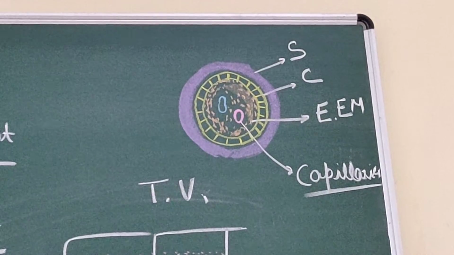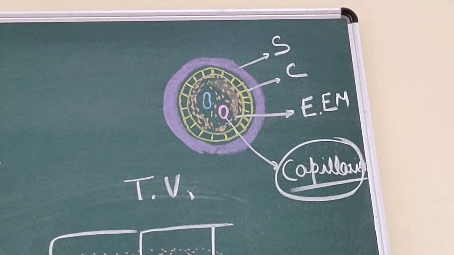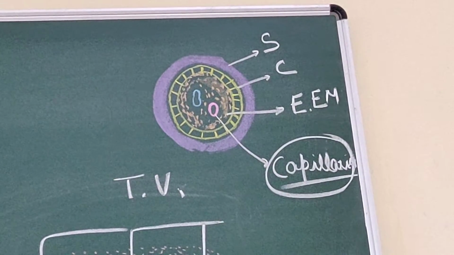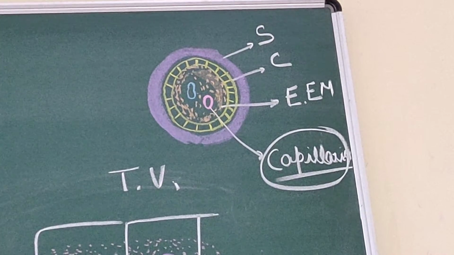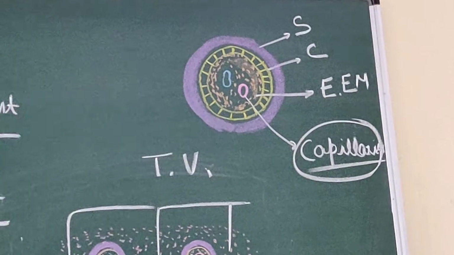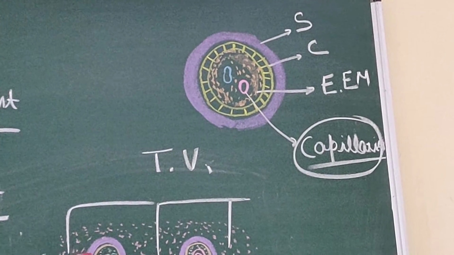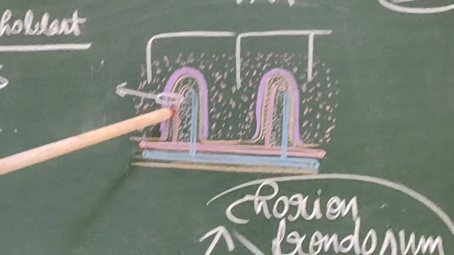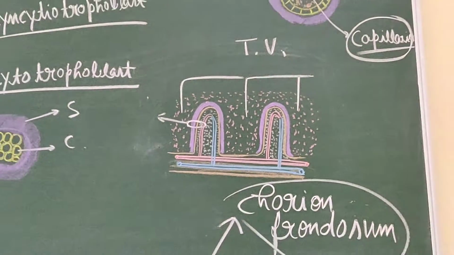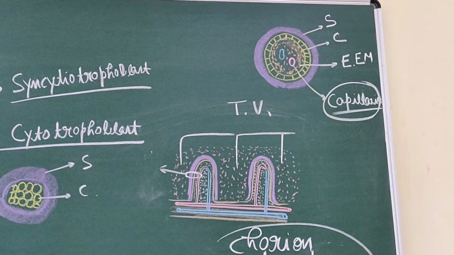Now we see these capillaries appear in the substance of this extra embryonic mesoderm, and these capillaries present in this tertiary villi carry the fetal blood; the fetal blood circulates through these capillaries.